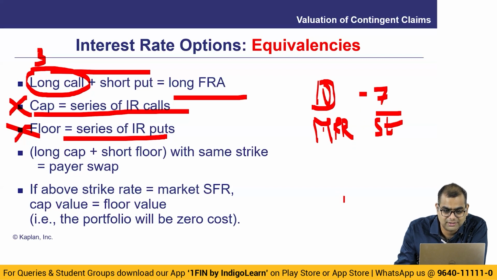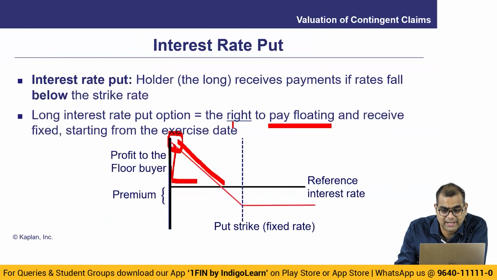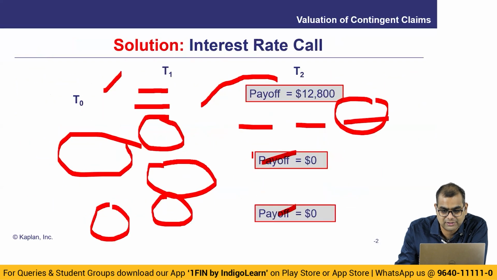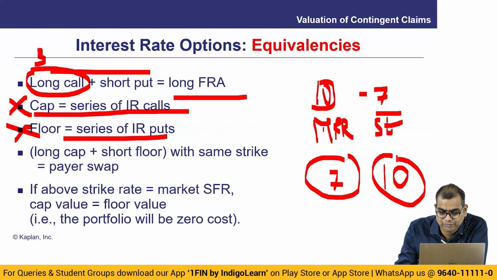Now think the opposite. Market reference rate is 7 and my strike price is 10. And short put. What is a put? Put is the right to pay floating and receive fixed. I will pay 7 but I will receive 10.